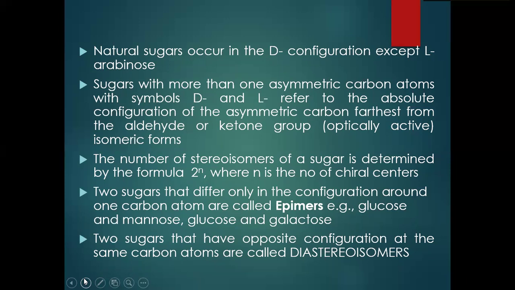The symbols D or L refer to the absolute configuration of the asymmetric carbon that is farthest from the aldehyde or keto group.